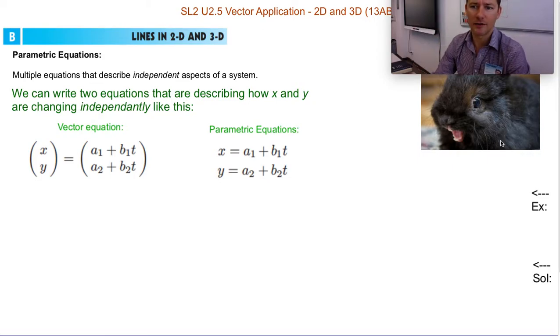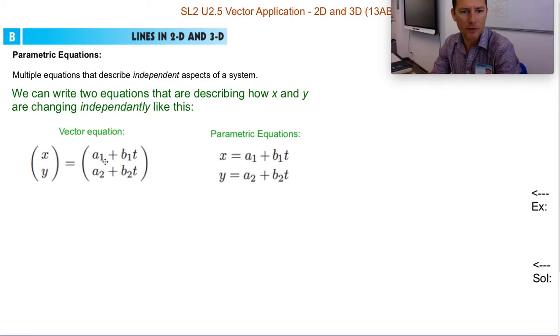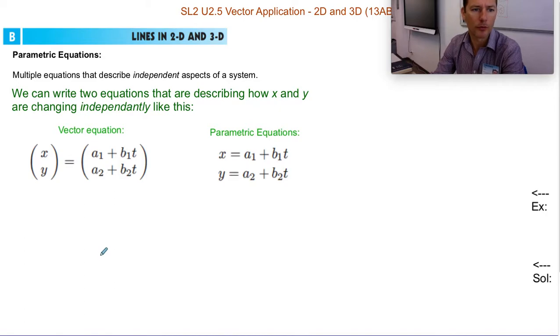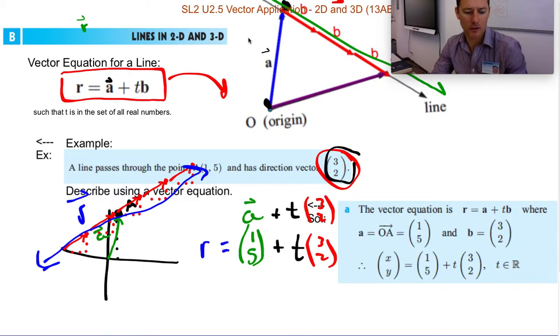So stick with me on this. Here's our vector equation. We were looking at our previous equation that looked like this. I know that vector r is really my initial vector plus my changing vector times time.